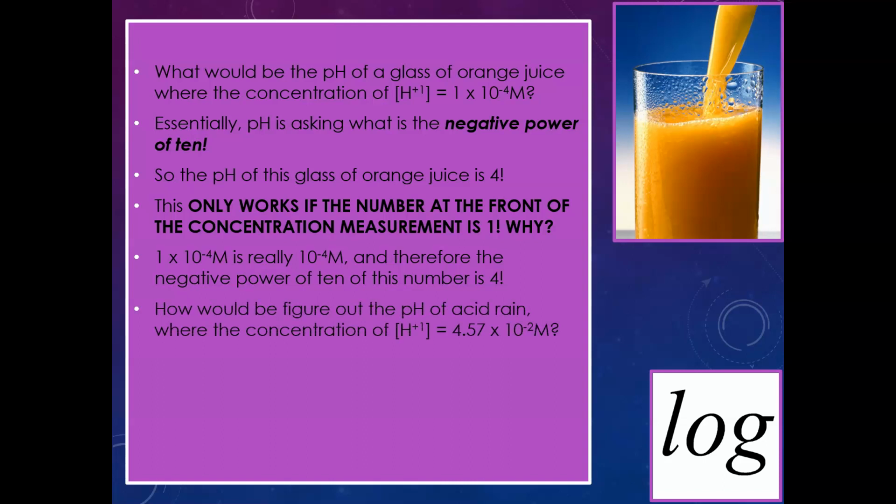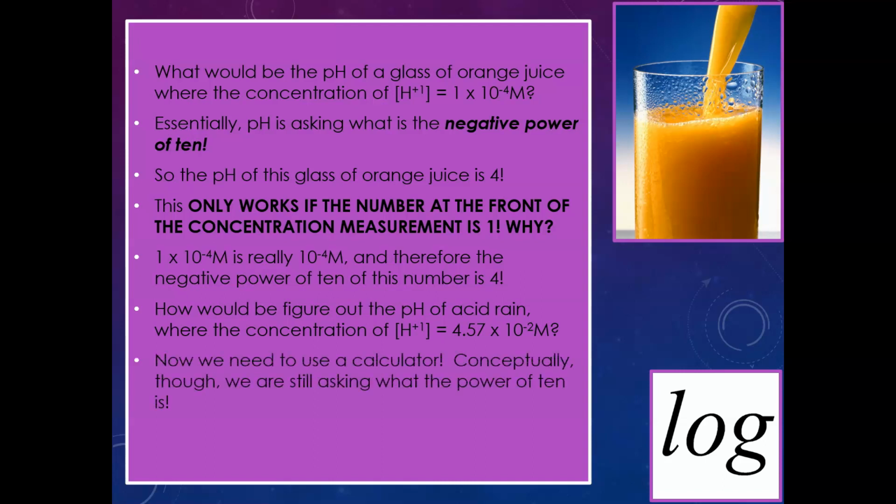Otherwise, we are going to have to definitely, absolutely put that in our graphing calculator. If it's anything other than a 1, right now, as most of you are still fairly new to logarithms, I would strongly recommend that you use a graphing calculator anyway, or at least a scientific calculator that has logarithmic functions on it. So if I have this 4.57 times 10 to the negative 2, what am I going to be doing?